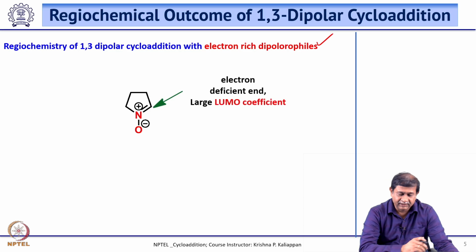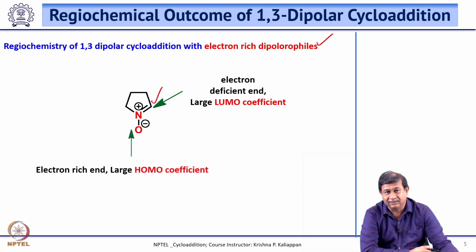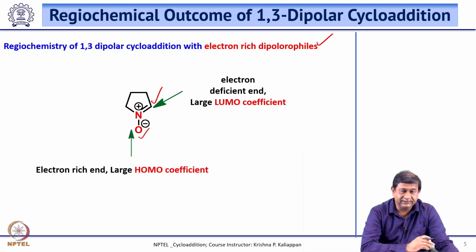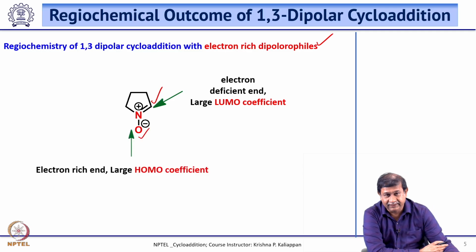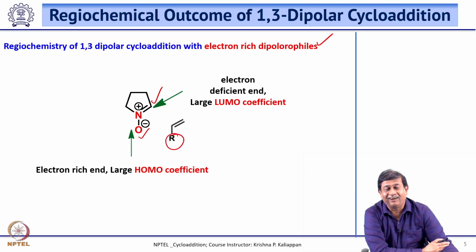For example, if you take nitrone, you can see here, this particular carbon is electron deficient, or it has a large LUMO coefficient, and this oxygen is electron rich, or one can say it has a large HOMO coefficient. And when you take an alkene, which is a dipolarophile, now the alkene has an electron donating R group.